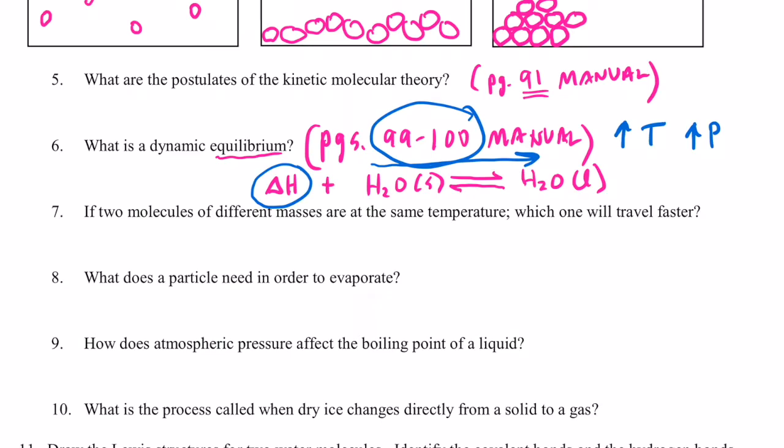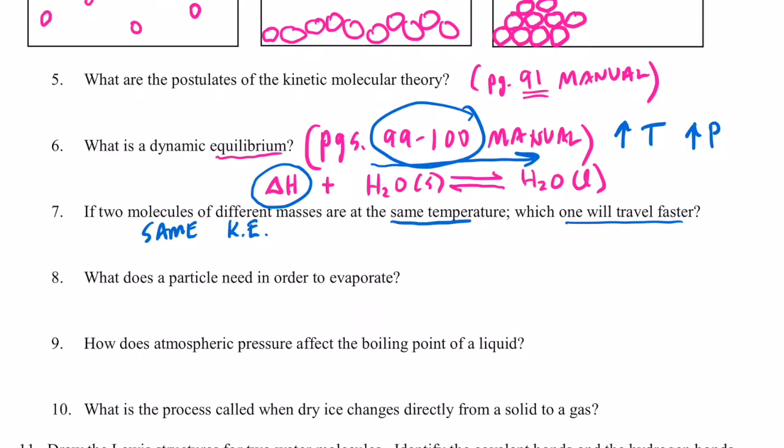Okay? All right. How about this one? This relates to the kinetic molecular theory. If two molecules of different masses are at the same temperature, do you remember which one travels faster? Yeah, they have the same kinetic energy so long as they're at the same temperature, so their kinetic energies are equal.